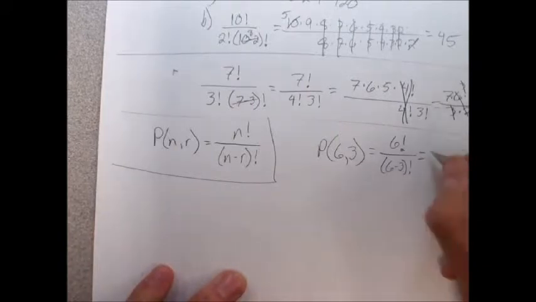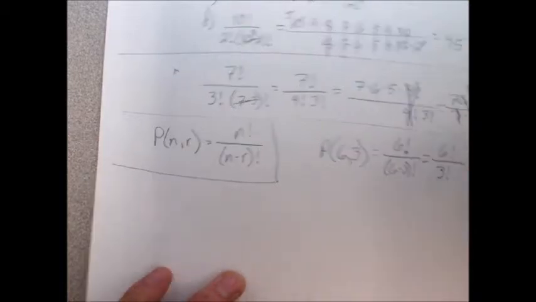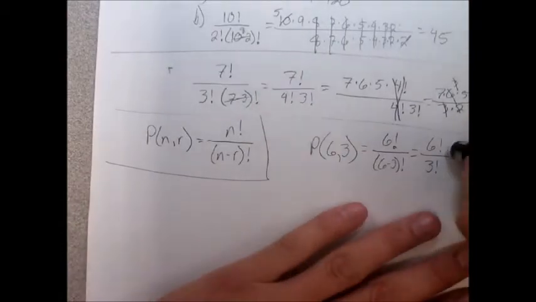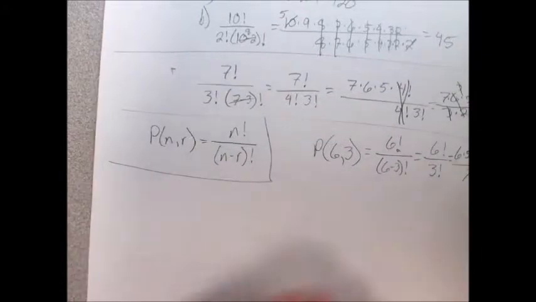And it equals 6 factorial over 3 factorial. Now again, I could type this into my calculator and get an answer, or I could expand it and solve it as much as I can. So it's 6 times 5 times 4 times 3 factorial over 3 factorial, and my 3 factorials cancel. So 6 times 5 times 4 gives me 120, I do believe.